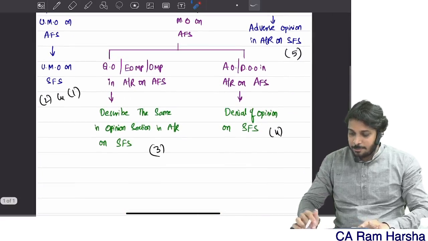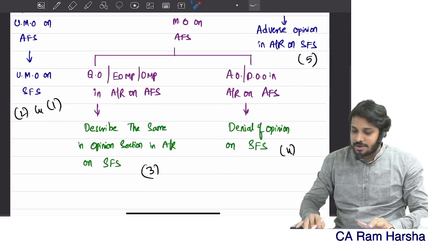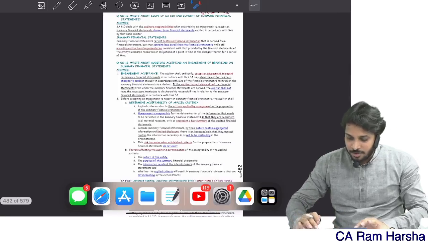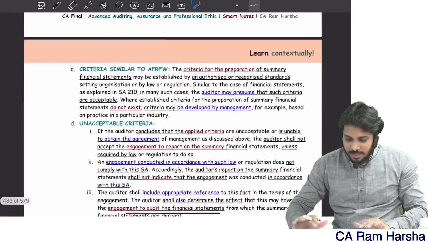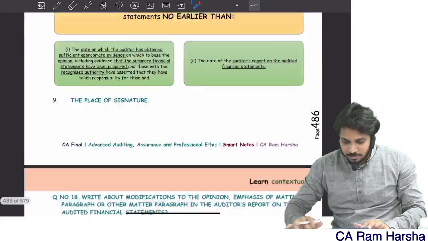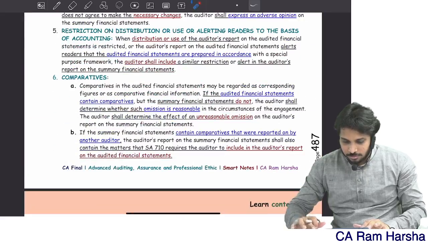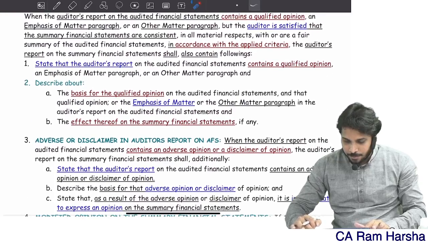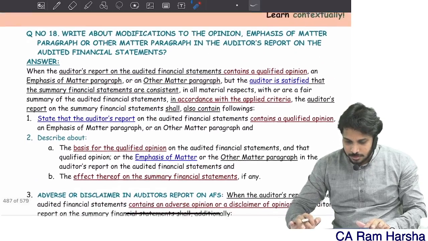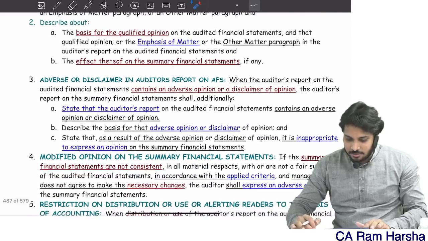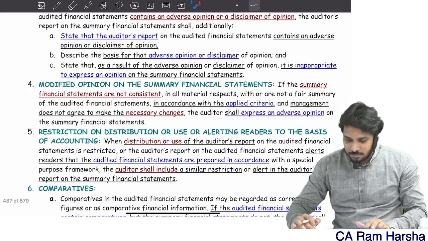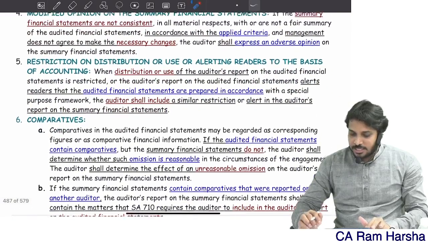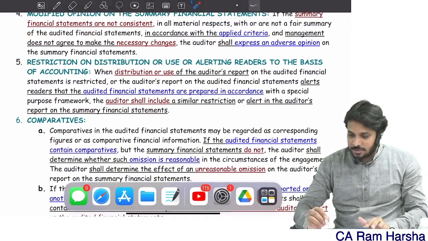Now I have given here point references, point number references in the opinion. Like in our book we have reporting. This one. In question number 18, 1, 2, 3, 4, 5 points are there, right? That only I have given here.